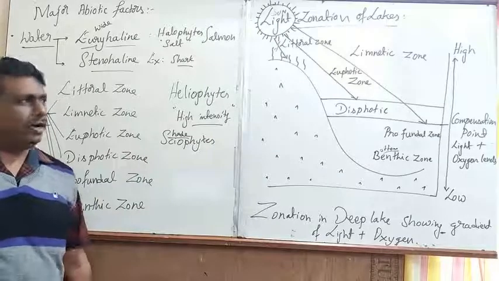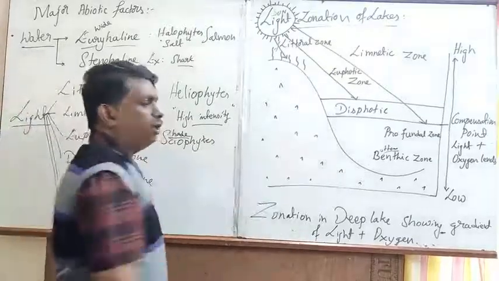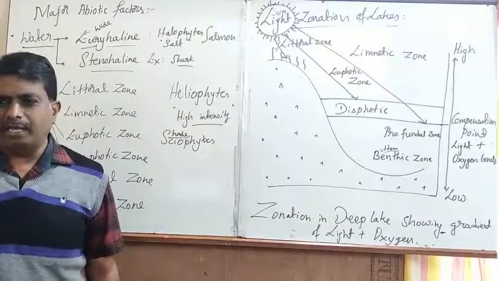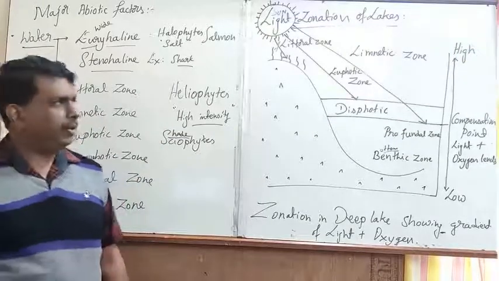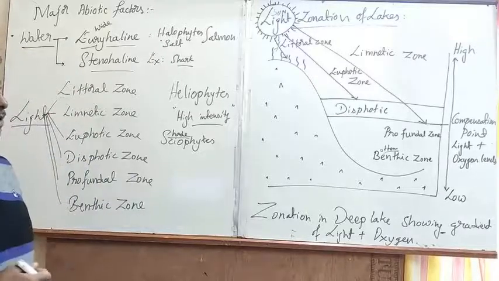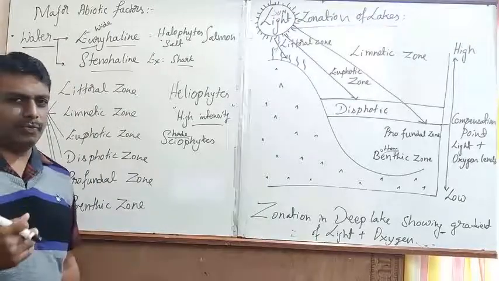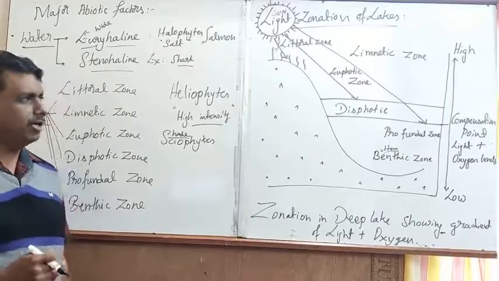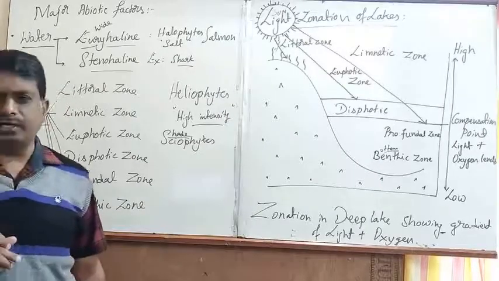The next important one is called the euphotic zone. The euphotic zone receives maximum light above the compensation point, and you can expect a wide variety of phytoplankton derivatives. The next one is called the dysphotic zone.